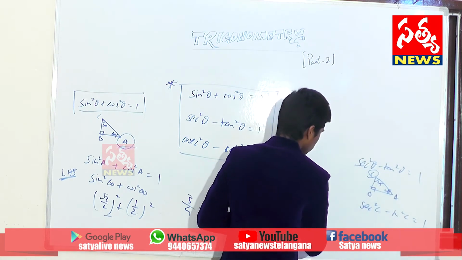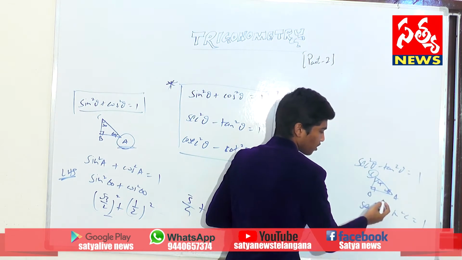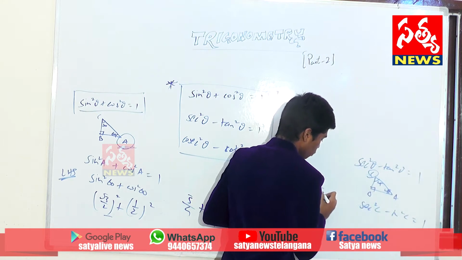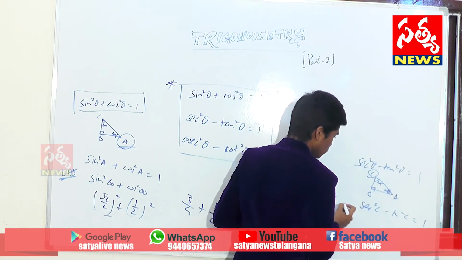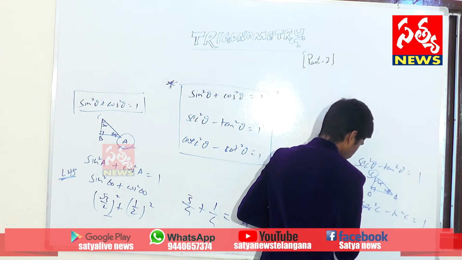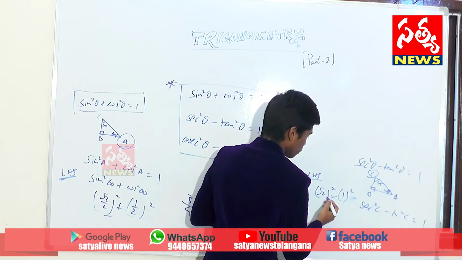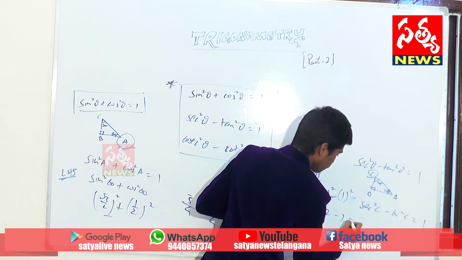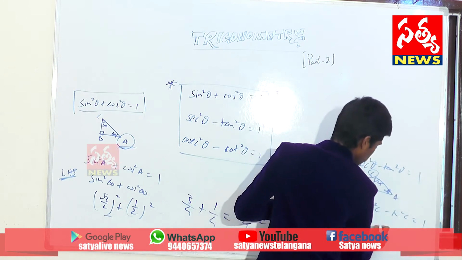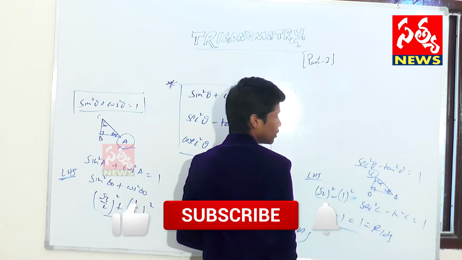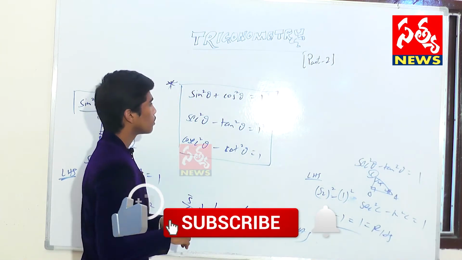Now the LHS is secant square 45. It is root 2 whole square minus tan square 45. It is 1 square. Root 2 square is 2 minus 1. And the answer is 1, which is nothing but RHS. Hence second one is also proved.